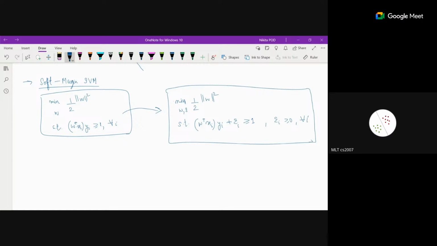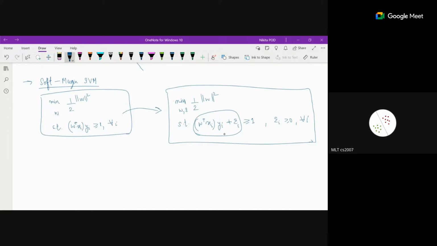So in soft margin SVM, since we allowed any W to be feasible, if we allow W to be a zero vector, then since this whole thing has to be greater than or equal to 1, epsilon i can pay an amount of one unit, and that will also work.